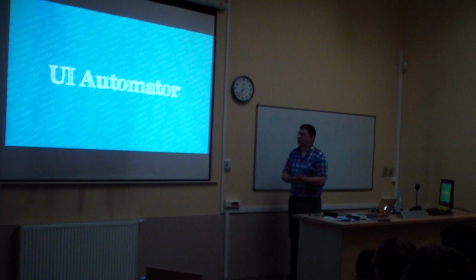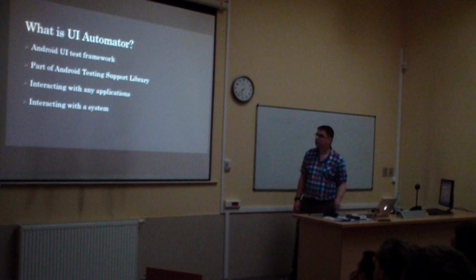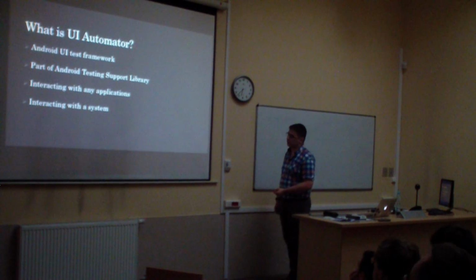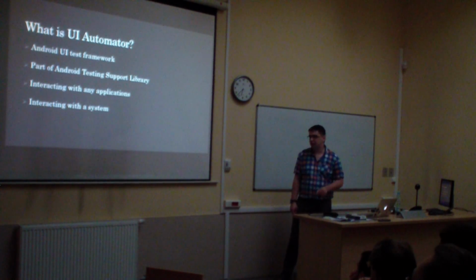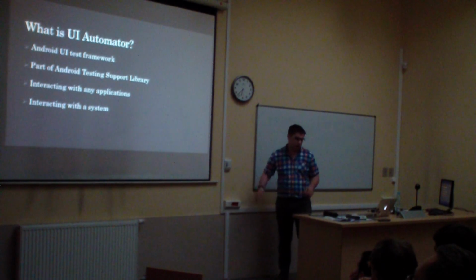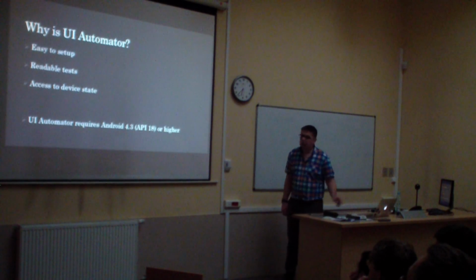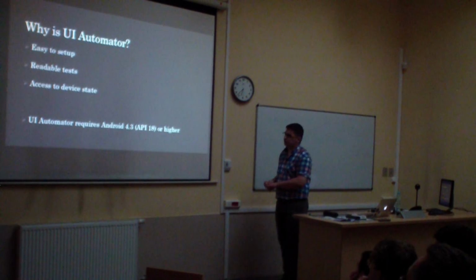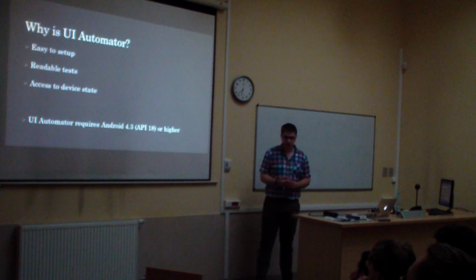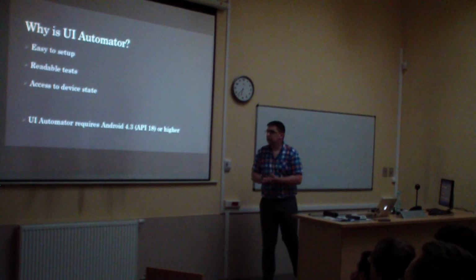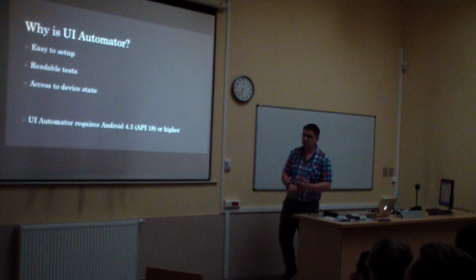And for this, it's a really good idea to use UI Automator. It's also part of the Android testing support library. You can use this framework to interact with any application, and you can interact with the system. But unfortunately, this framework requires API 18.